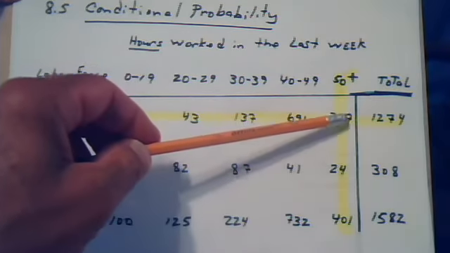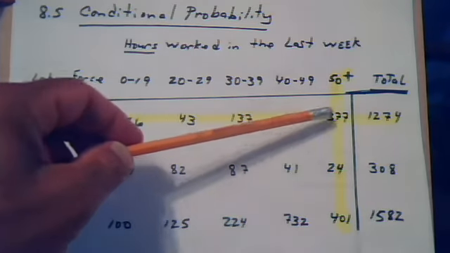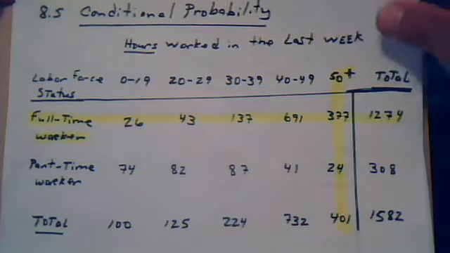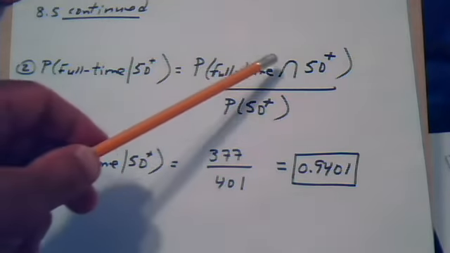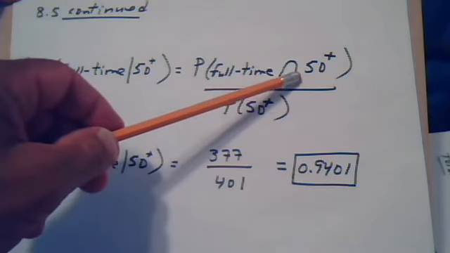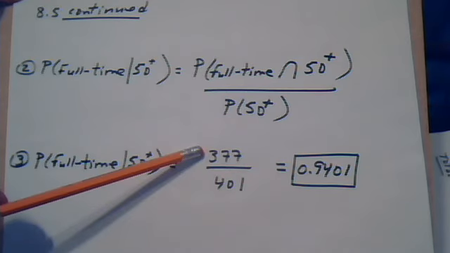So notice the formula says intersection. Here's the intersection. That's the number we're going to use. So you go back to your formula and we put that number here. That's for full-time and 50 or more hours intersects. This is an intersection, so you write that number where the intersection takes place.